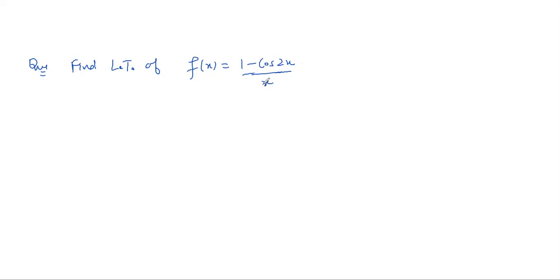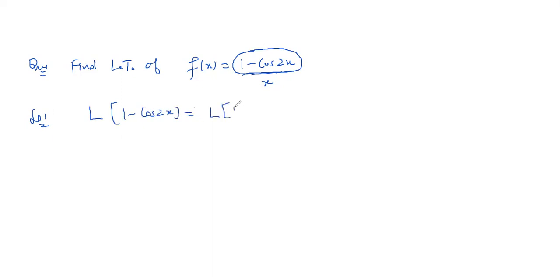When you see it's divided by x, immediately you remember property number 3: firstly we find the Laplace transform of the function in the numerator, and then use the property of division by x. So firstly I will find L of 1 minus cos 2x.